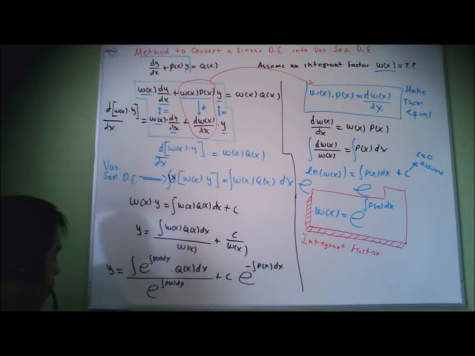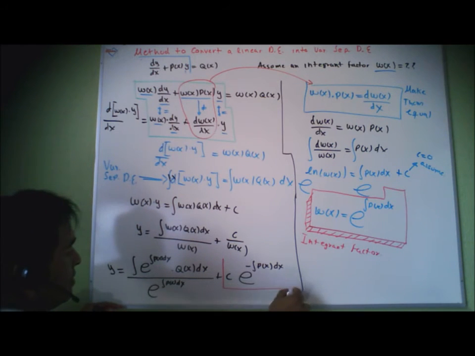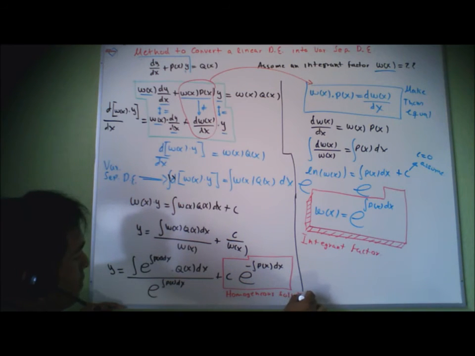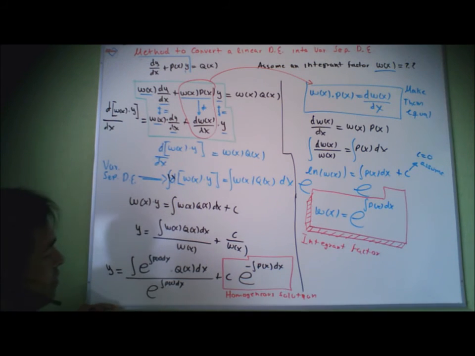Now, if you remember from the previous video, I told you to keep in mind something like this. If you check your previous video, we have already seen this. This is what we call the homogeneous solution, right? It is the constant times the exponential of minus the integral of p of x.